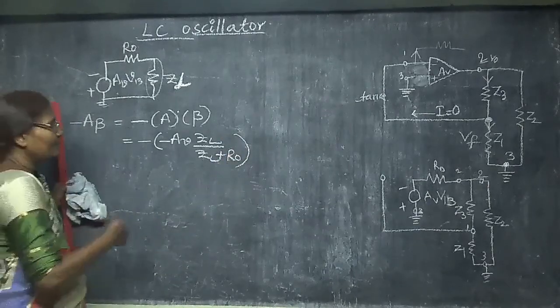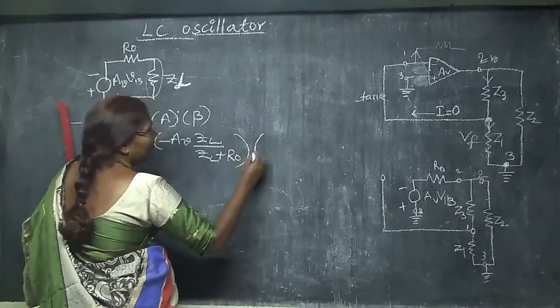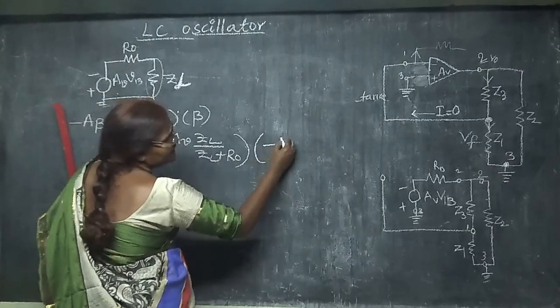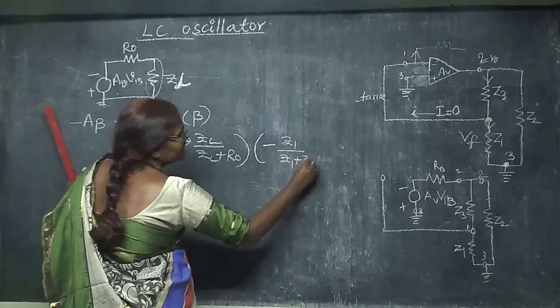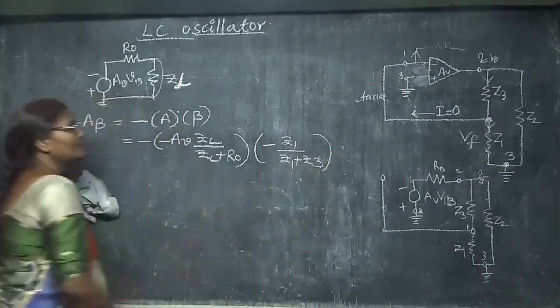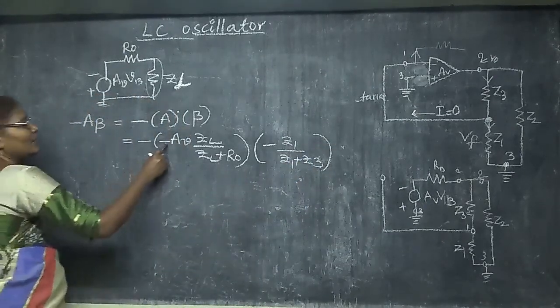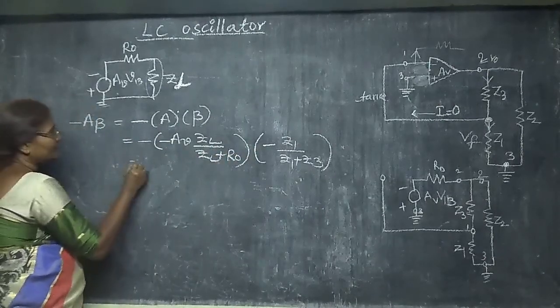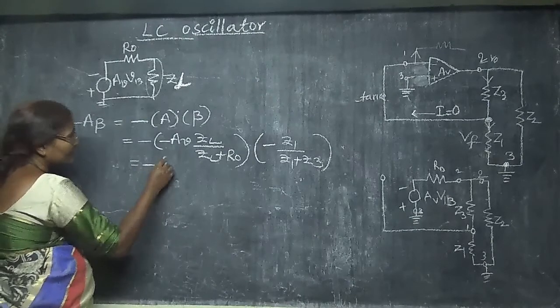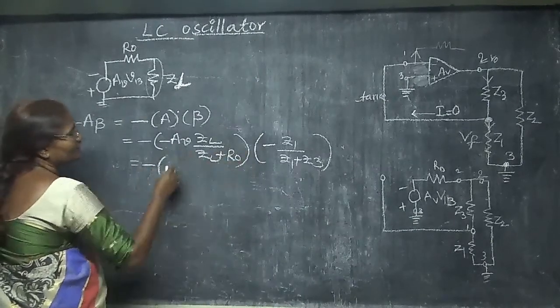Next, my beta is going to be minus Z1 by Z1 plus Z3. So if I multiply minus into minus, plus, and one minus will be left.